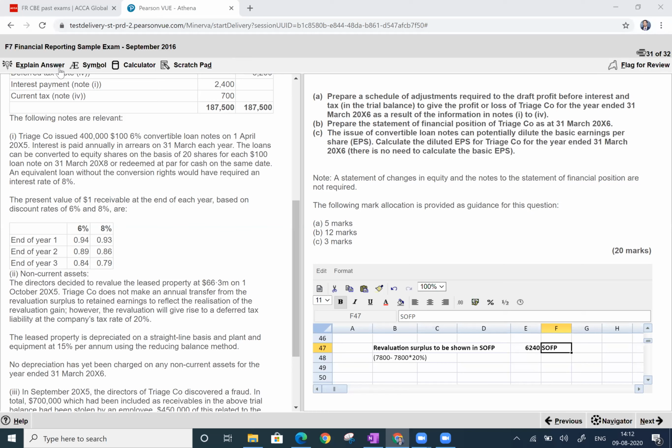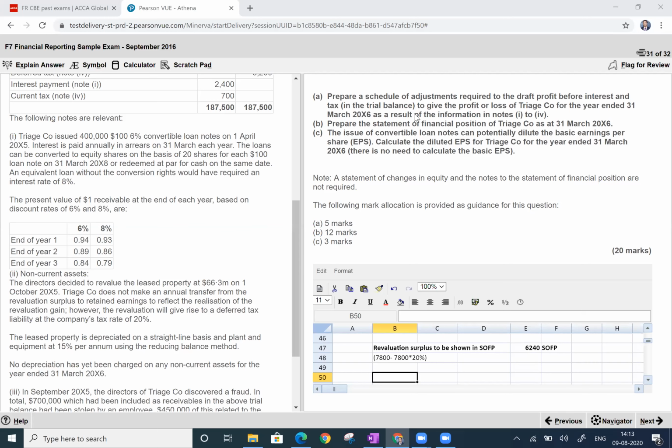Just giving some time so that all the students can write this. Okay. Now what do we have to do? They've stated that they have not calculated depreciation as well. Idrisa Savane, why do we deduct deferred tax from revaluation surplus?